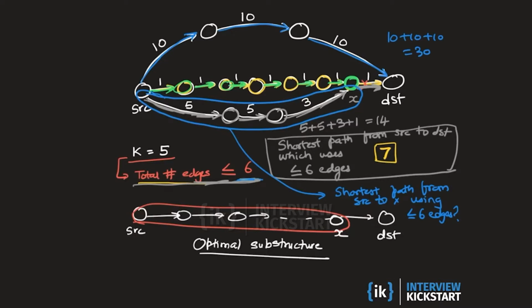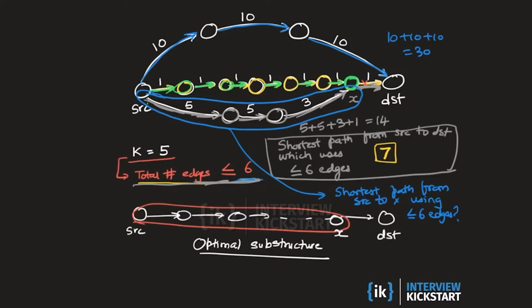We just saw here that this blue oval does not depict the shortest path from the source to x satisfying that same constraint that you're not supposed to use more than 6 edges.